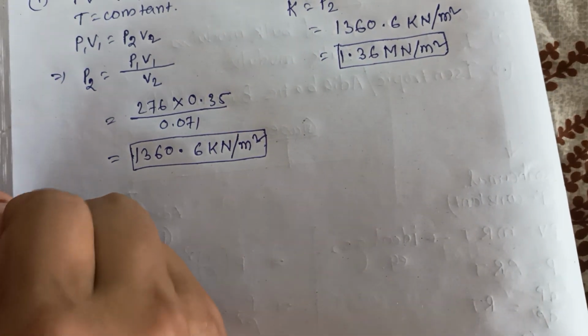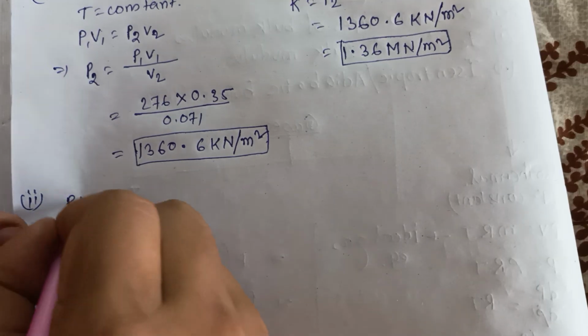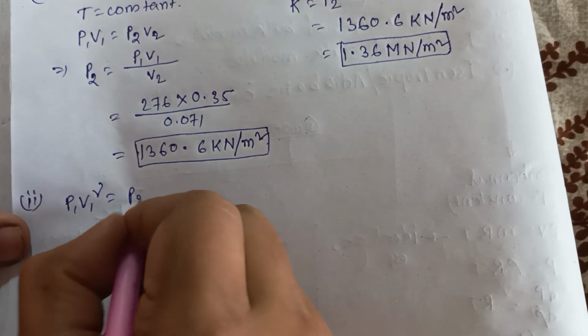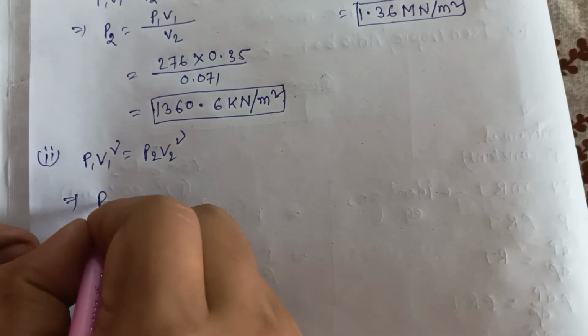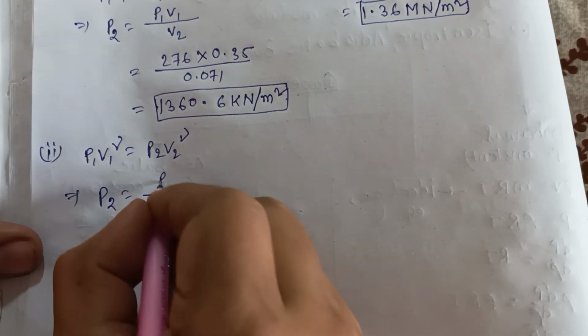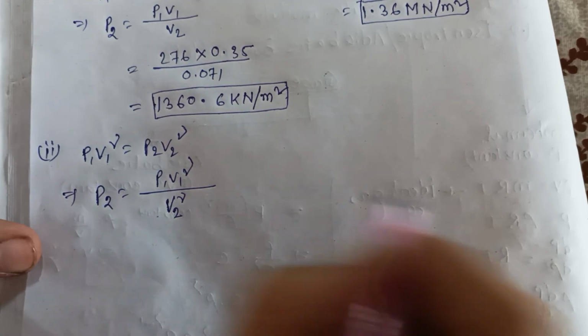Now for the second, adiabatic case, we know that P1 V1 to the power gamma is equal to P2 V2 to the power gamma. So from here, P2 is equal to P1 V1 to the power gamma by V2 to the power gamma.